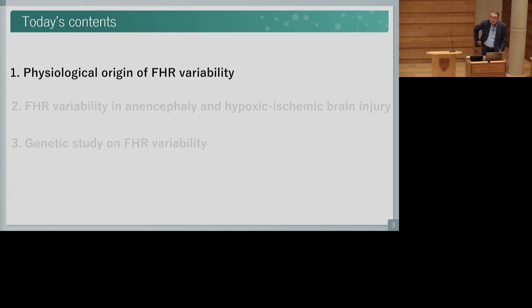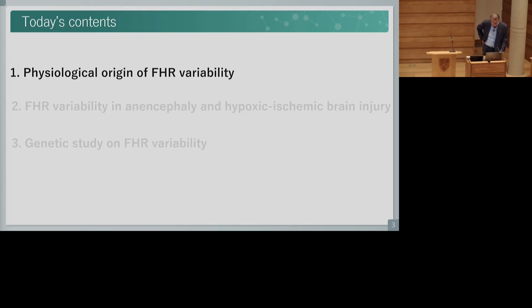Among all CTG parameters, I believe baseline variability is the most important. The major CTG parameters include baseline heart rate, variability, acceleration, deceleration, and uterine contraction.